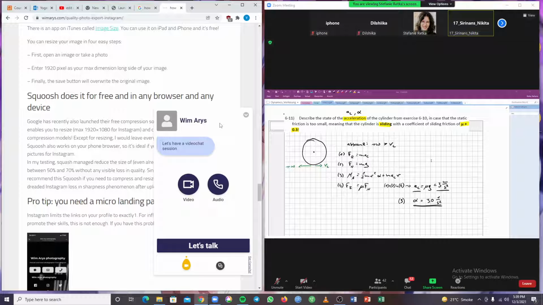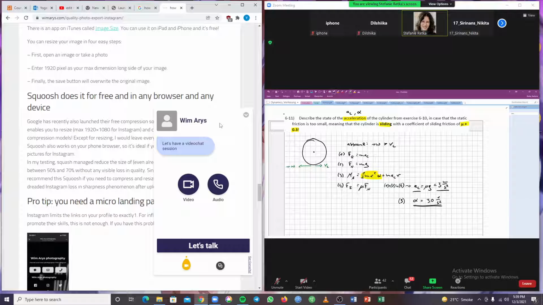Couldn't we just consider this cylinder as a point mass, since it doesn't have any rotations and it slides? The cylinder does rotate. But it also slides. It slides and rotates, and that's why we do have to consider the inertial moment. The sliding is caused due to the rotation because it slides faster than it rotates.